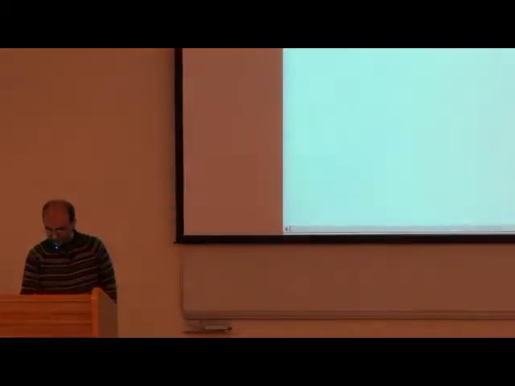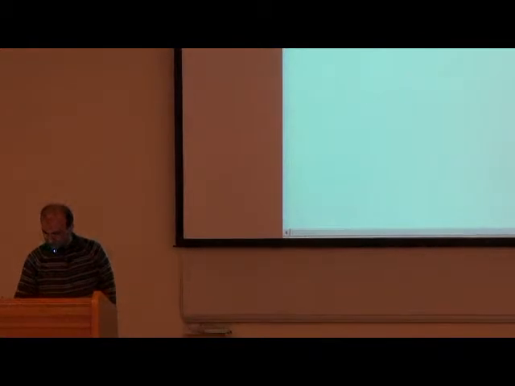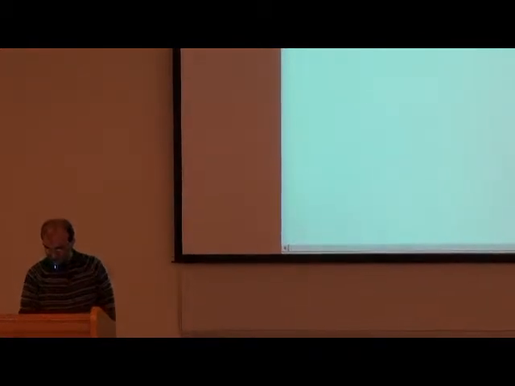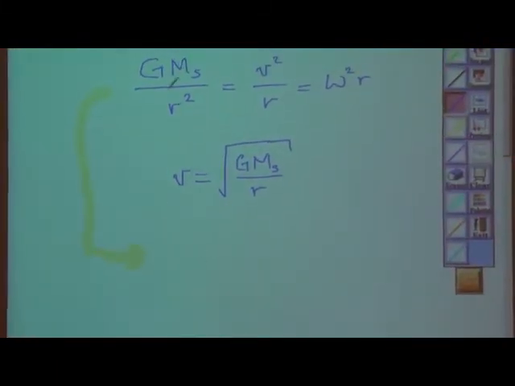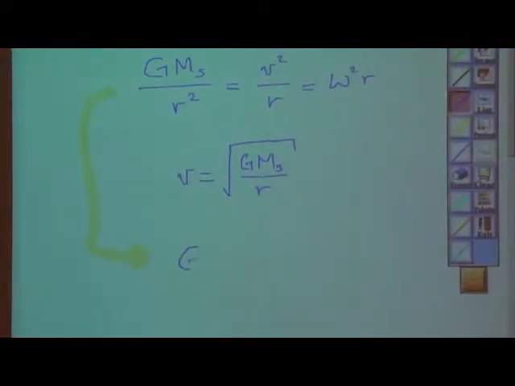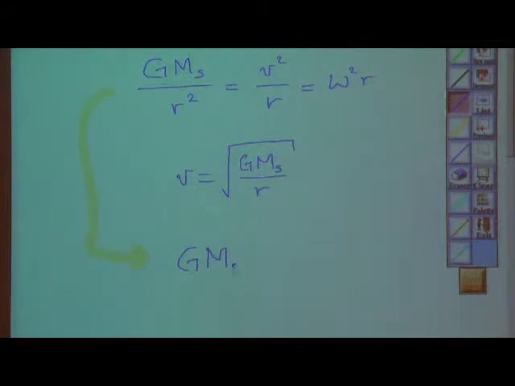Now, there's more to learn from here. Now let's rewrite this: G M sun over r cubed is the angular speed squared, and that is equal to v squared over r squared.